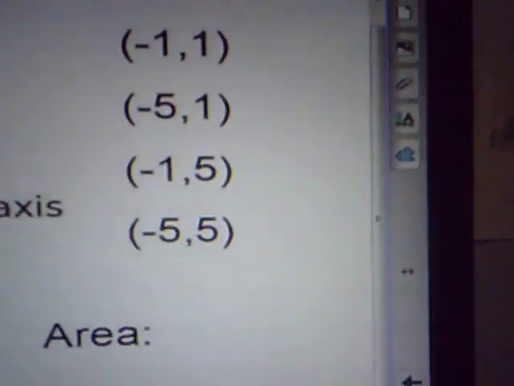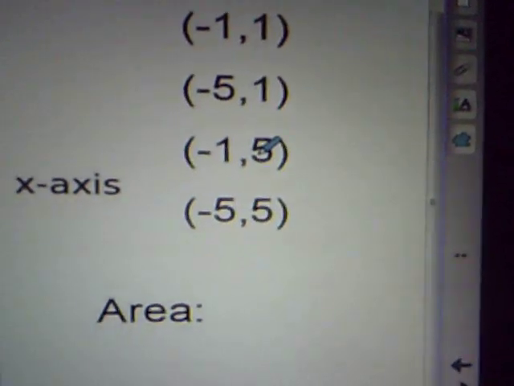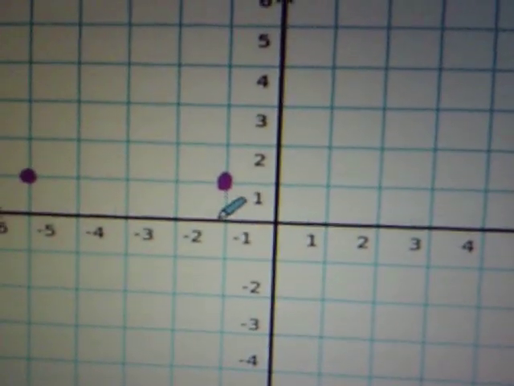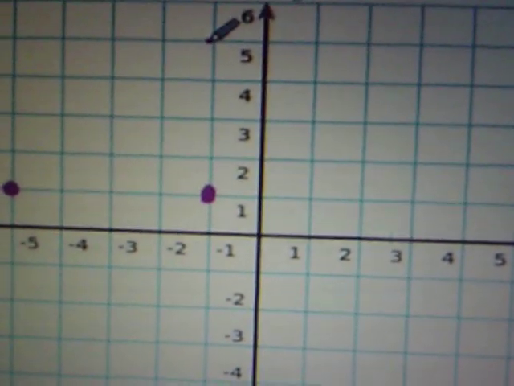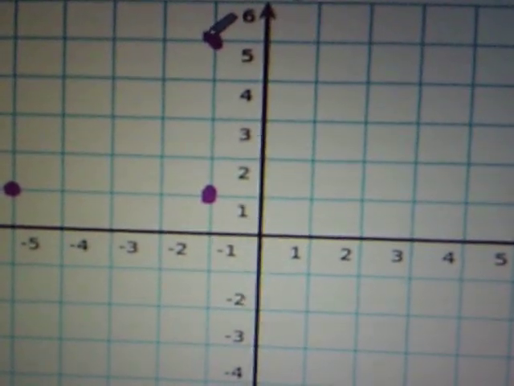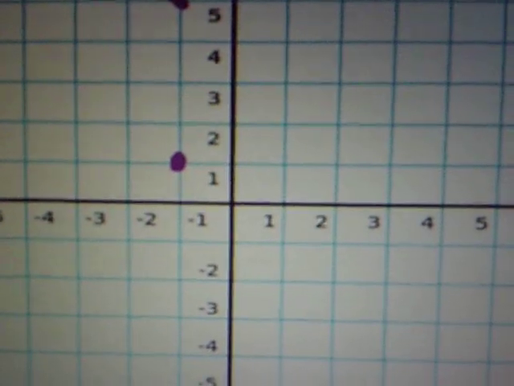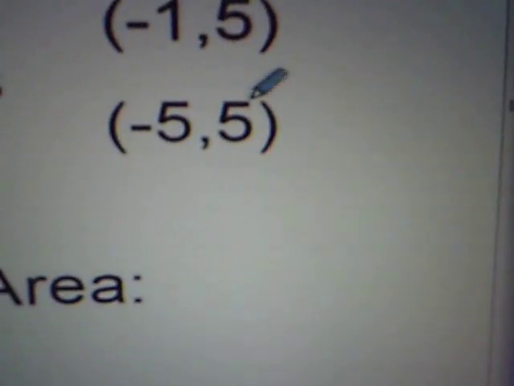Let's look at the next 2 points. -1, +5. Back 1, up 5. And then lastly, we will have -5, +5.